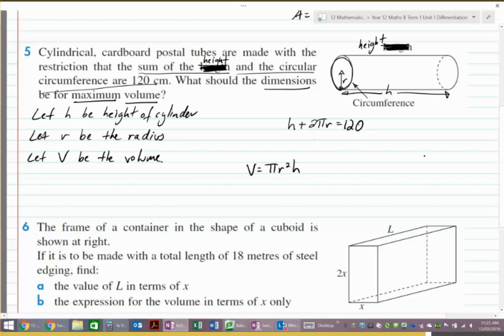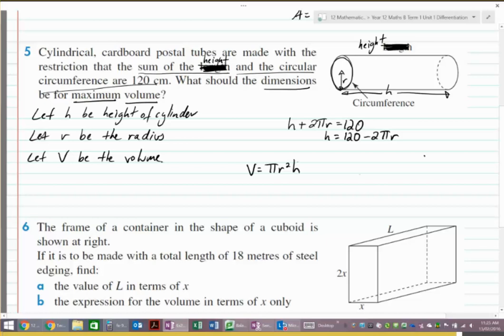Alright, hopefully when you look at this, you think, okay, now I've got some information that relates h and r together, I'll be able to substitute it into my formula for volume. Again, we've got two options. We can try and substitute for r or for h. Hopefully you can see that rearranging this for h is going to make it a pretty easy substitution.